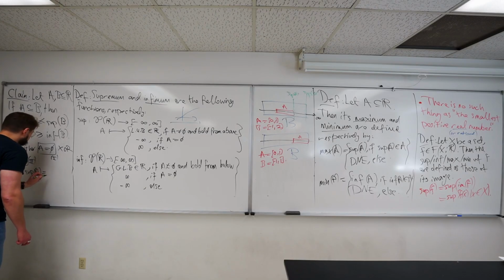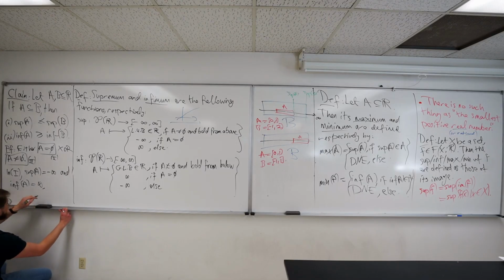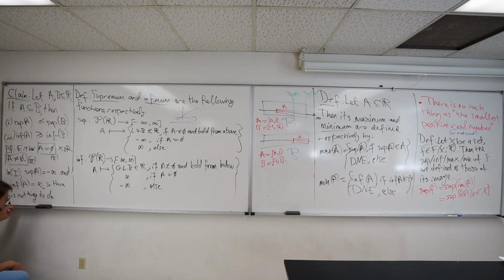Sup of A equals minus infinity, and inf of A is positive infinity. And so the claims are correct, what you might say, trivially. Or you could say, so there's nothing to do. So we're done with case number 1.